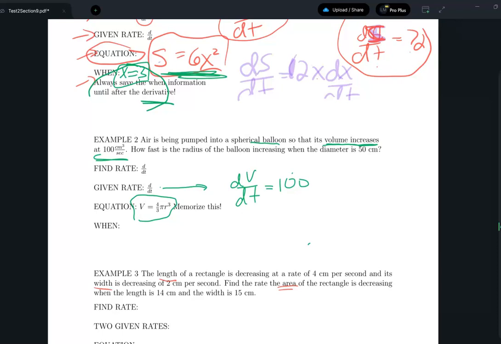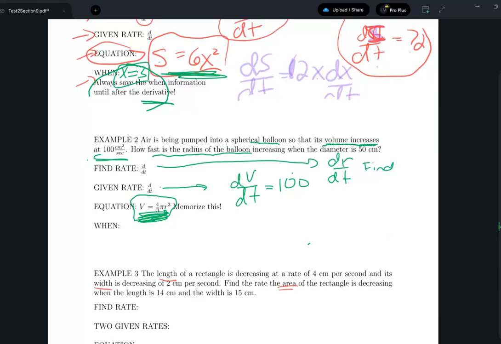You don't need to carry the units along, but it helps me understand that that is the volume. What is it I'm trying to find? How fast the radius of the balloon is changing. I know I need to use the letter r for the find rate, so dr over dt is what I'm trying to find.